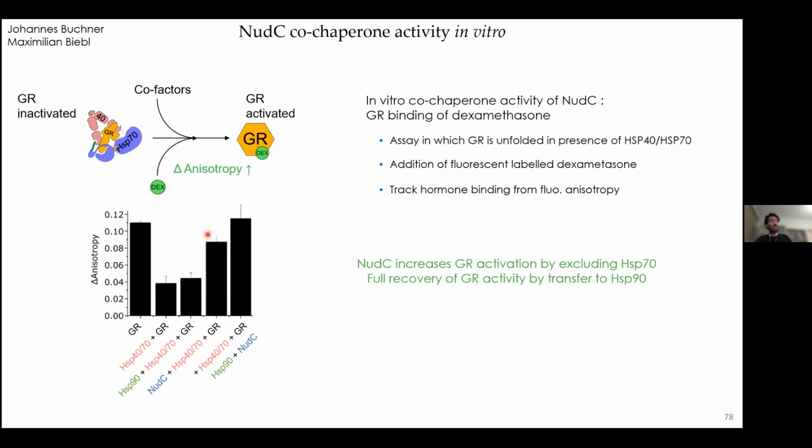Then to get the extra bit of reactivation, we need the presence of Hsp90. So we really think that the function of Nazi is to transfer the client to Hsp90 to finish the folding. Thank you.